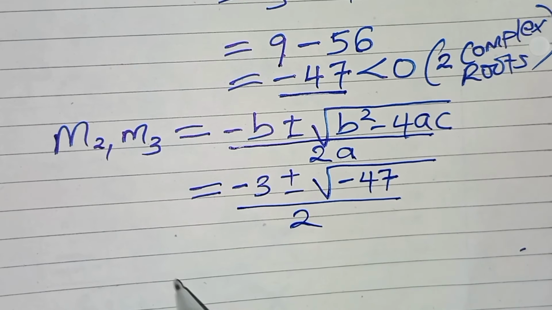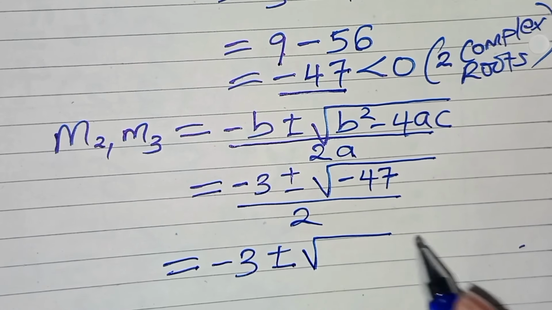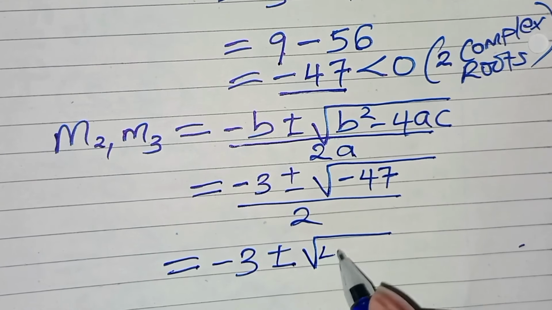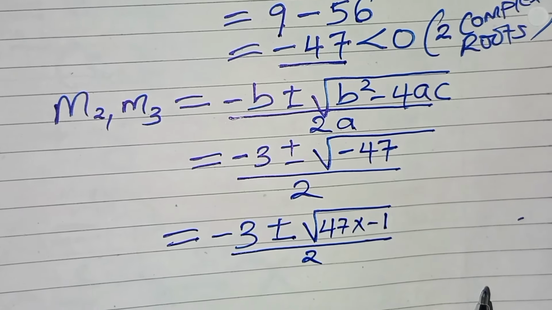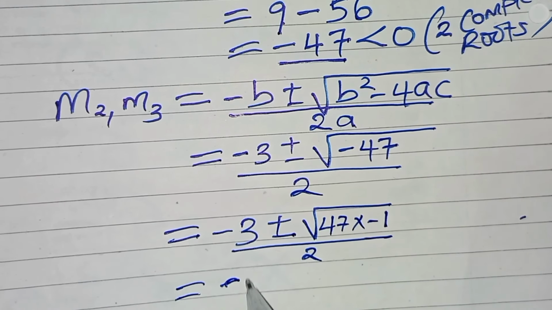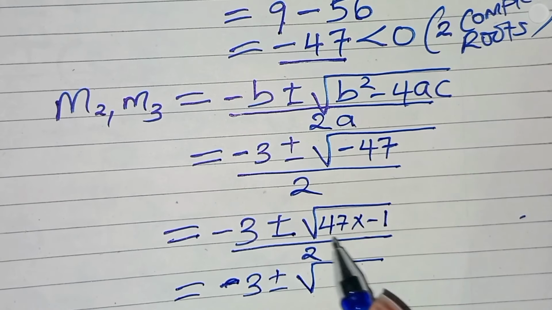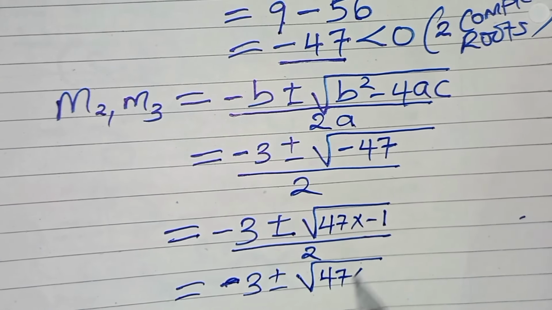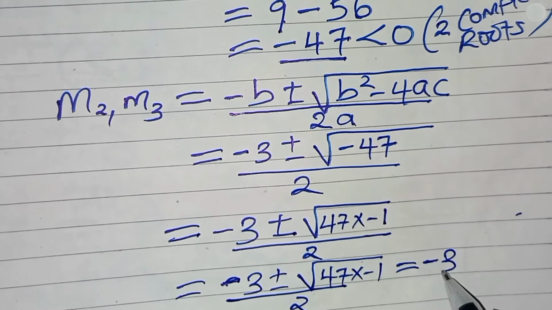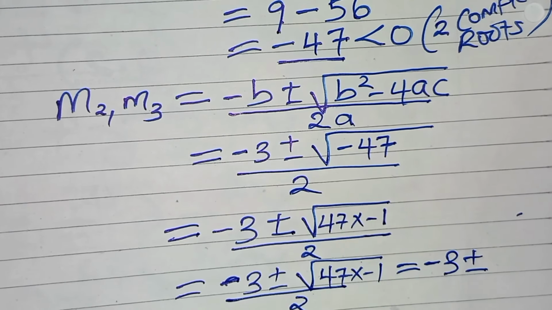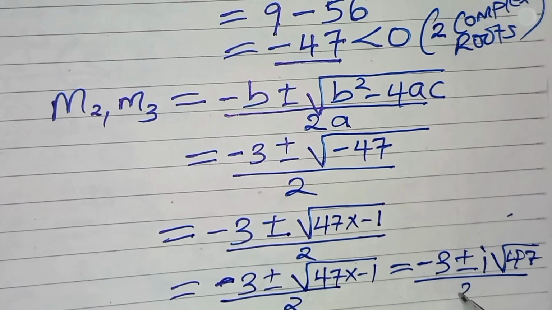So now we'll have negative 3 plus or minus the square root of, we can express negative 47 as 47 times negative 1, divided by 2. Now we'll have negative 3 plus or minus the square root of negative 1, this is i, square root of 47, divided by 2.